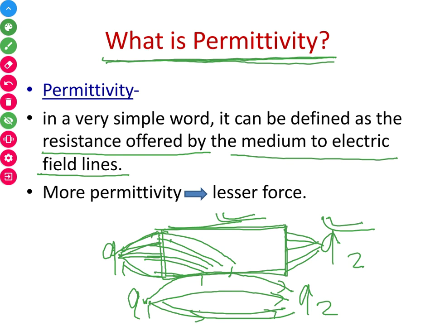So if the resistance offered by the medium to electric field lines is more, it means permittivity is more, and if permittivity is more, then the force between these two charges is less.